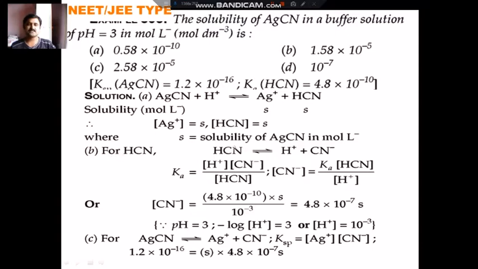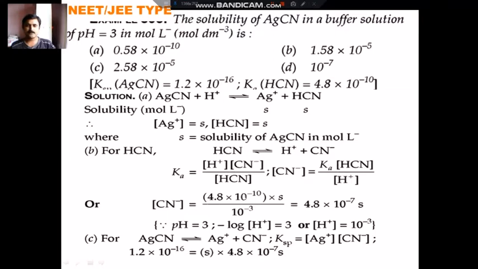For hydrogen cyanide, a weak acid, you write the dissociation constant expression: Ka is equal to the concentration of H plus and CN minus by HCN. So the CN minus concentration is Ka into HCN by H plus.